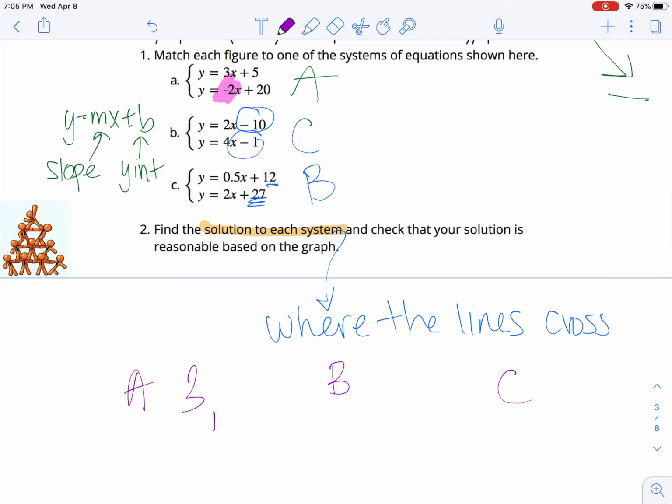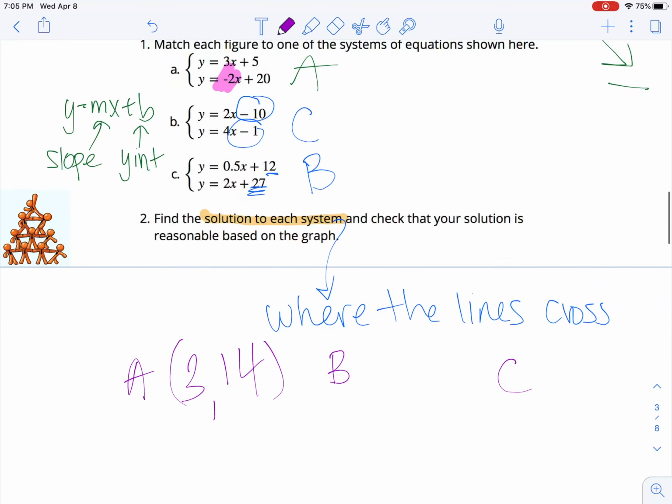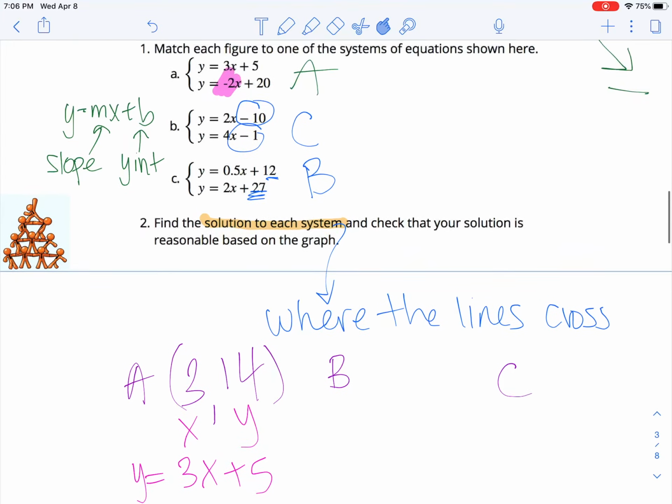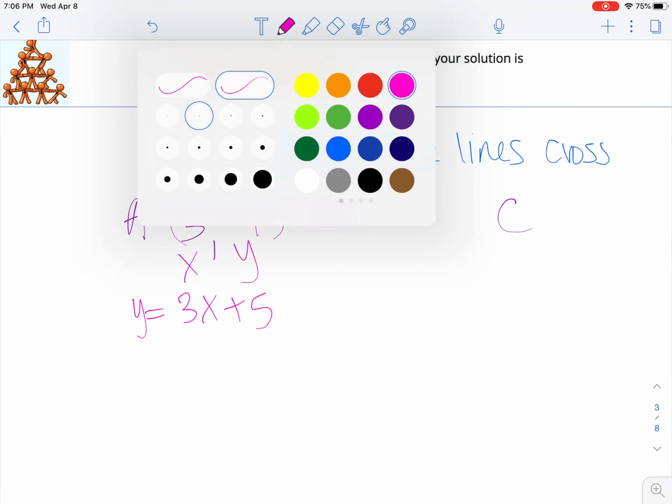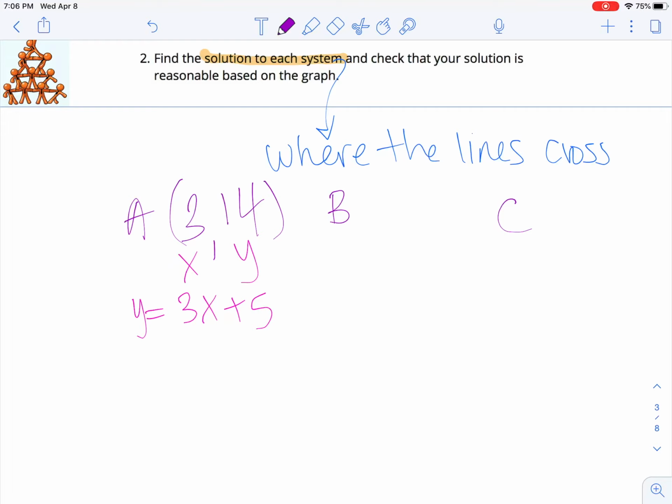So you'd write 3, 14, and then what they want you to do for the second part is check that your solution is correct. That just means plug those numbers in, so x and y, into your set of equations. So for y equals 3x plus 5, I put in that 3 and that 14.